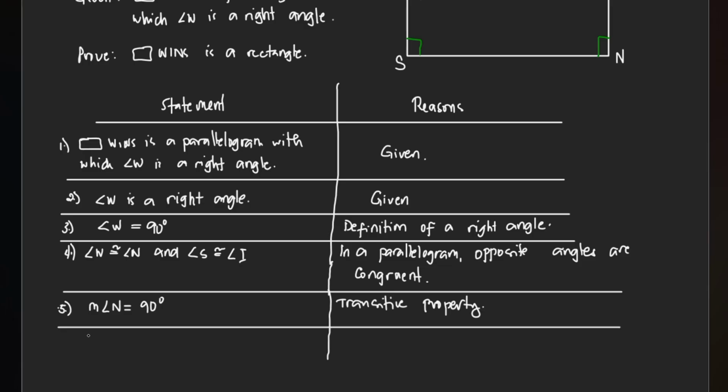Another statement, we have number 6. So we can say that measure of angle W plus measure of angle I is equal to 180 degree.